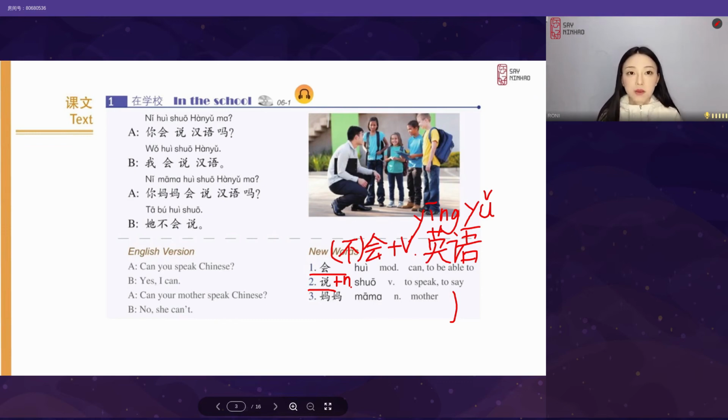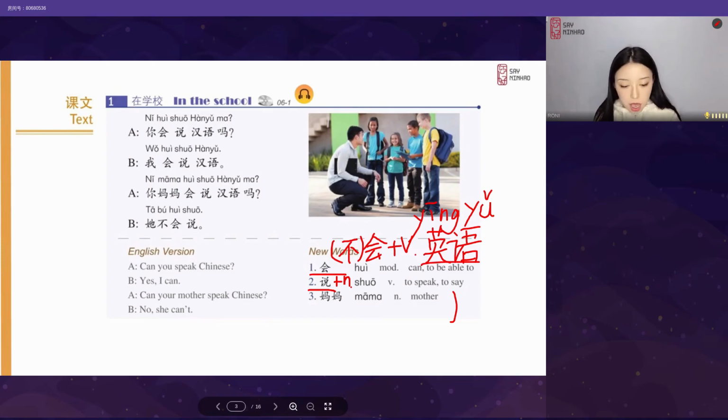Okay, American people speak English. Try to translate this sentence. How to say American? We've learned it before. It is 美国人, okay? 美国人说英语, right? 说英语, we've learned it.